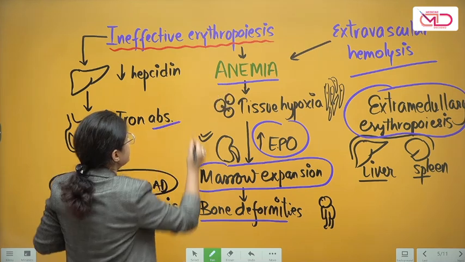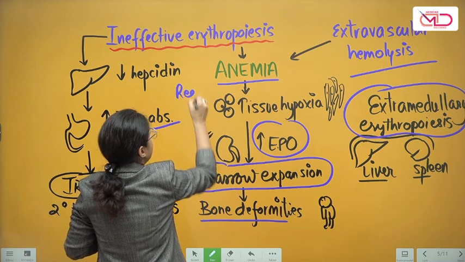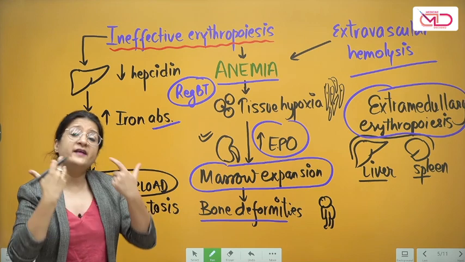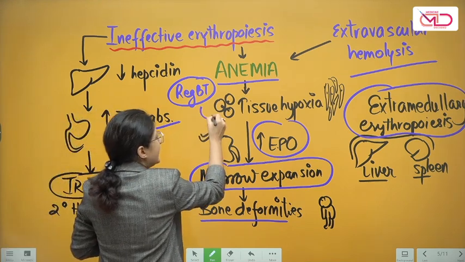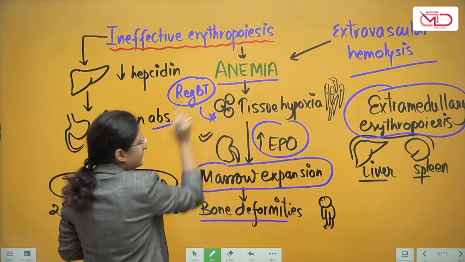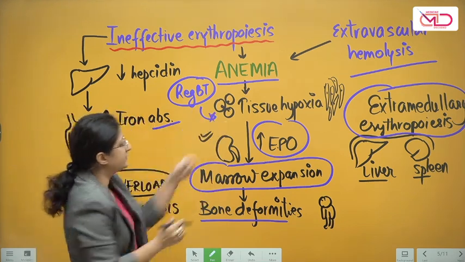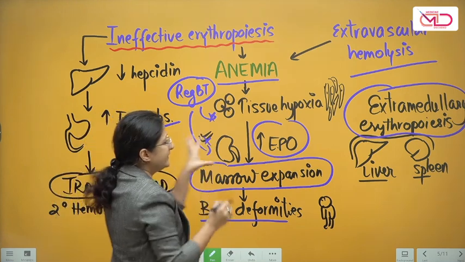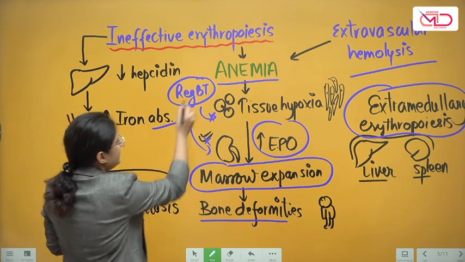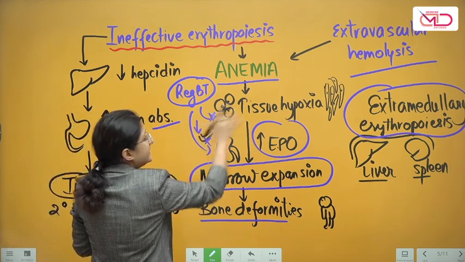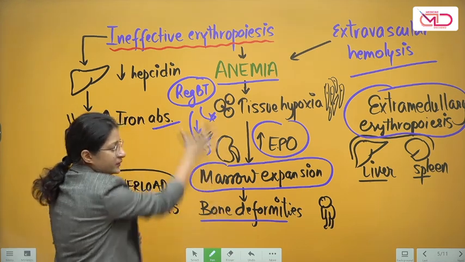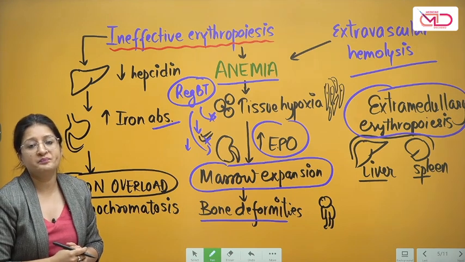So to deal with this anemia, they get regular blood transfusions. When you give regular blood transfusion, you counteract the tissue hypoxia, right? That's over now. Since you have counteracted the tissue hypoxia, there is no more increased erythropoietin production, right? So giving regular blood transfusion decreases tissue hypoxia, decreases the erythropoietin production, and deals with the other eventualities that will happen.